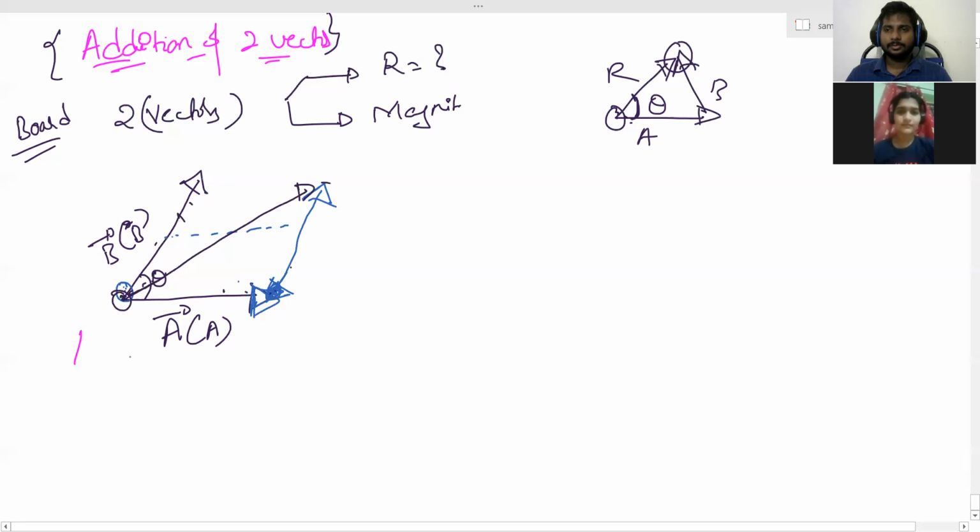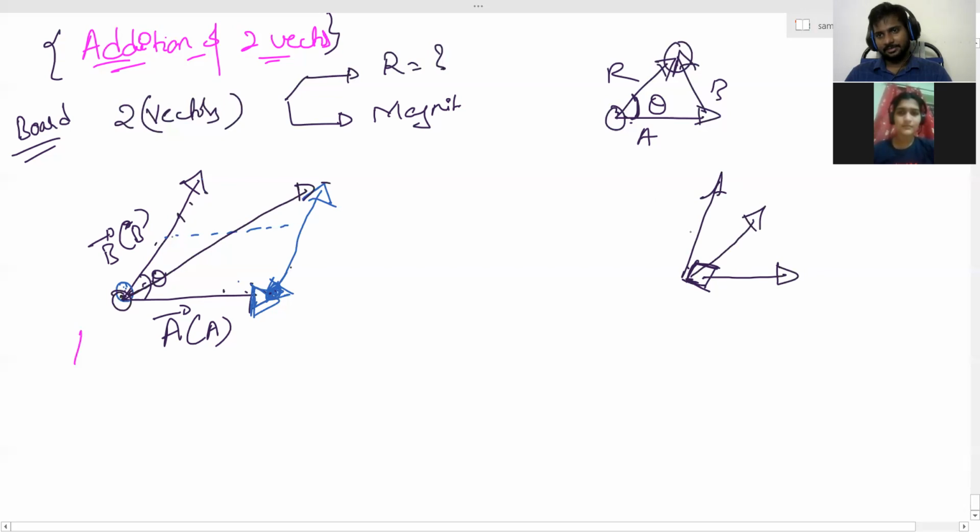Carefully observe. In your house, suppose there is some block or some almirah kind of thing. If your brother is dragging in this direction and you are dragging in this direction, there is a high chance that it will go in this direction.